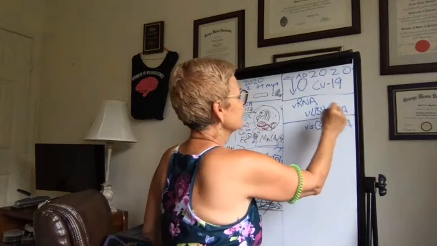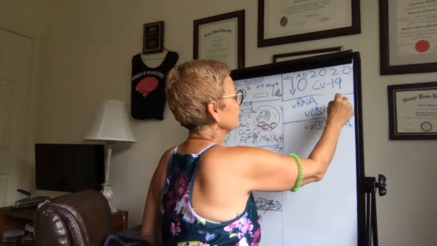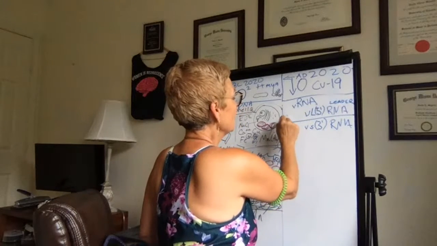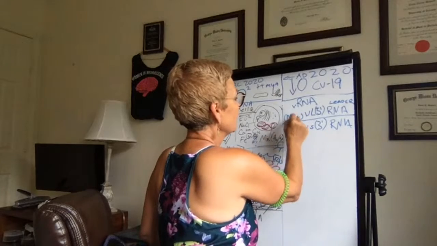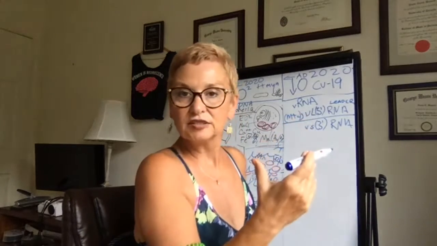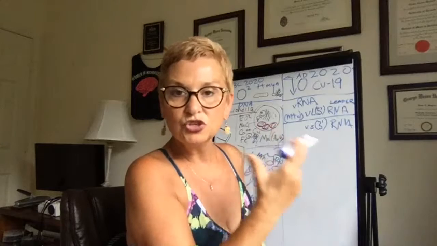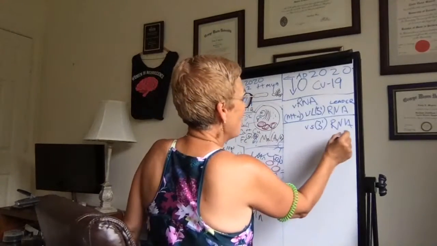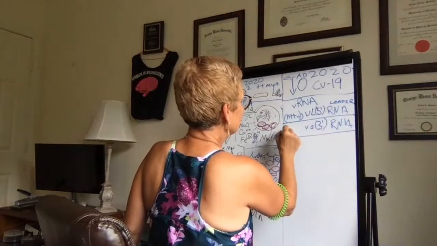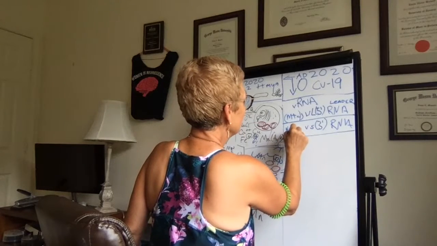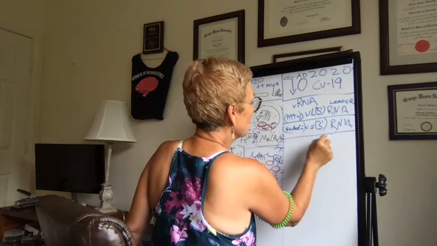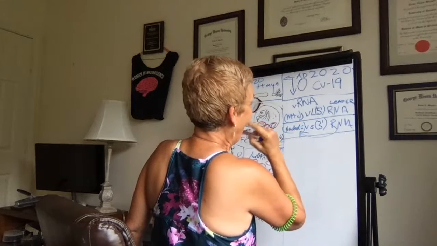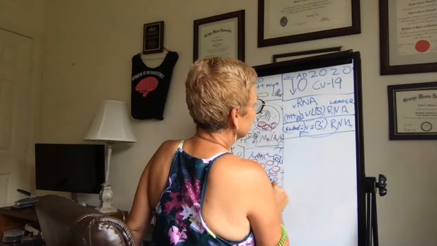This is the leader. This goes to our mitochondria. And our mitochondria are hijacked, abused, used, trashed, pillaged, and destroyed. And this goes into the nucleolus, where our DNA is, and this goes into our mitochondria.